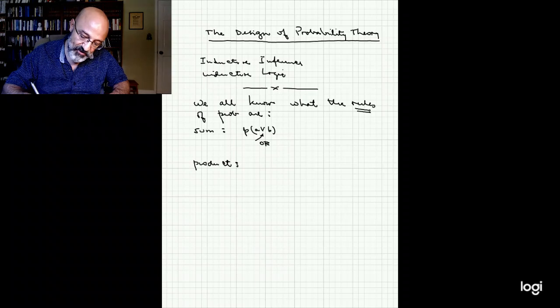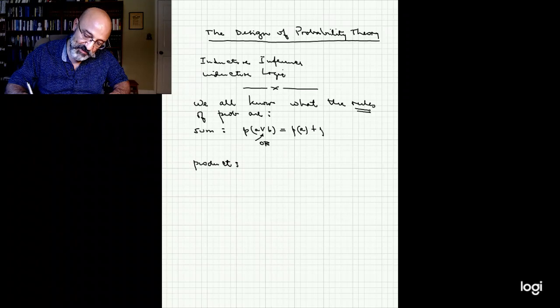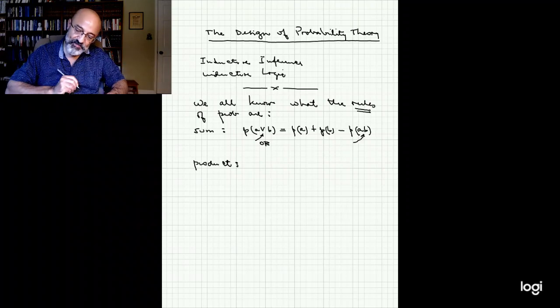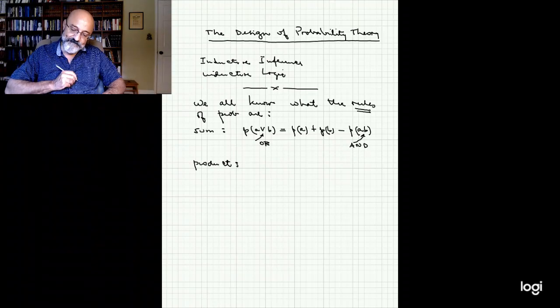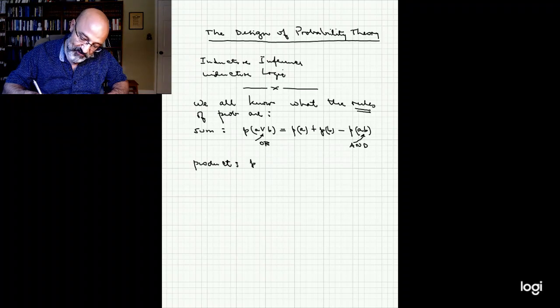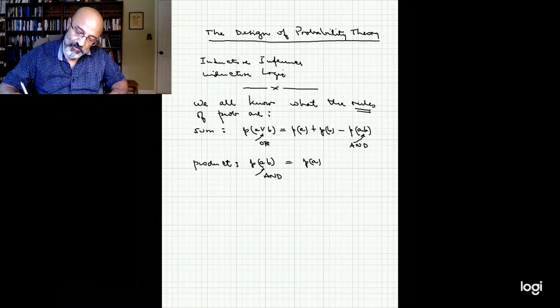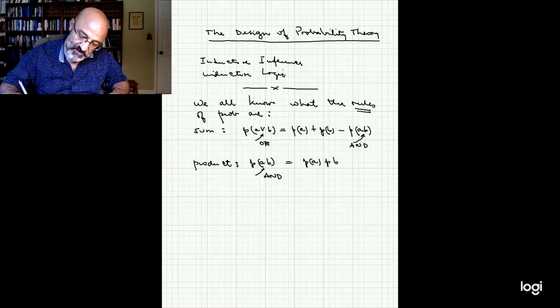The probability of A or B is going to be given by the probability of A plus the probability of B minus the probability of A and B. And here, when we just have a product, this is going to be and. Similarly, the probability of A and B is going to be the probability of one of them multiplied by the probability of the other given the one.